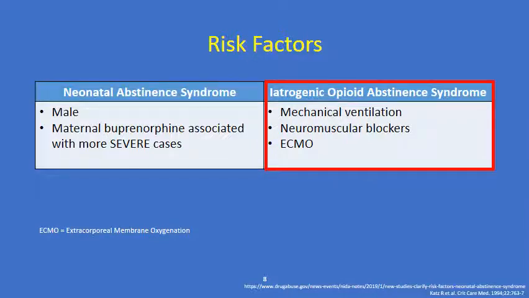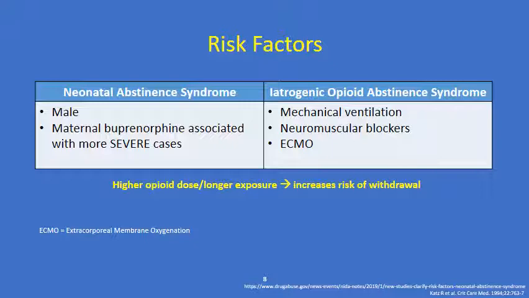And then when specifically looking at IOAS, some of the risk factors are mechanical ventilation, neuromuscular blockers, and then ECMO. The way I think about this is a lot of times patients, when they're receiving mechanical ventilation, when they're on neuromuscular blockers or ECMO, they require a sedation and analgesia regimen, which often includes an opioid, like I mentioned earlier, so that puts them at risk for withdrawal.